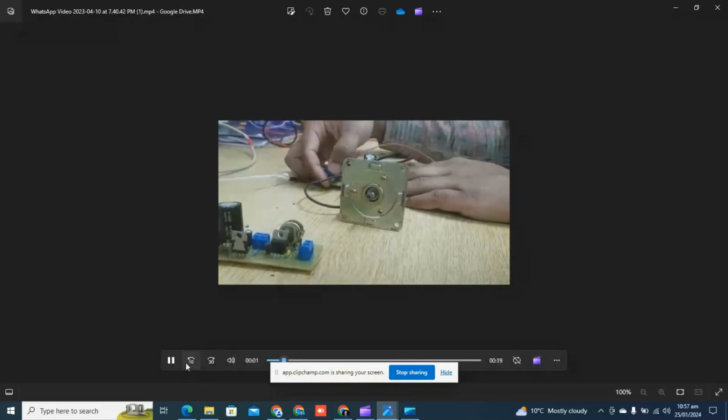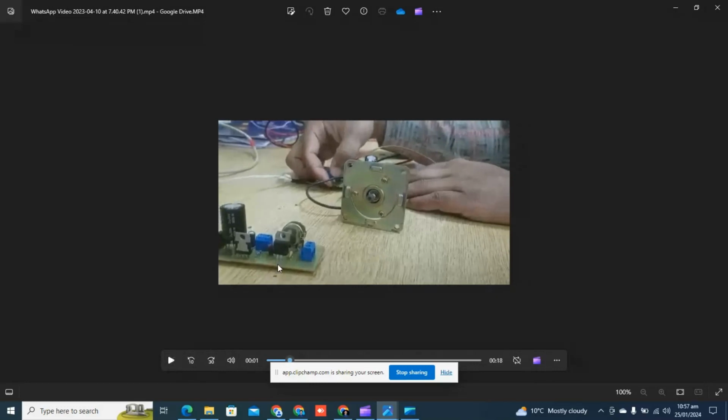So this is our hardware working video, in which we have connected a powerful DC motor at our outputs, and then we are checking it on our variable output, connecting the wires of this motor to the output terminals of the variable voltage.